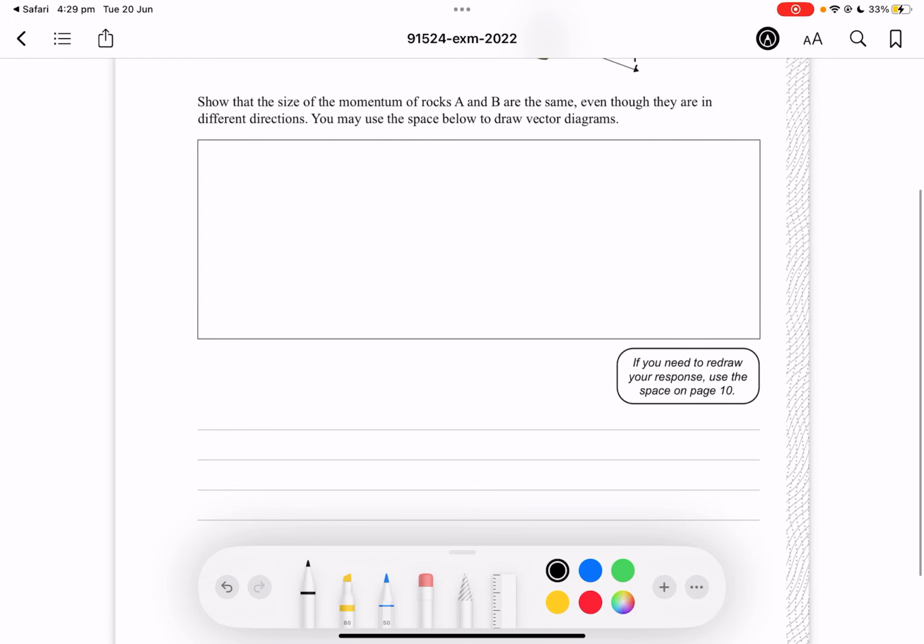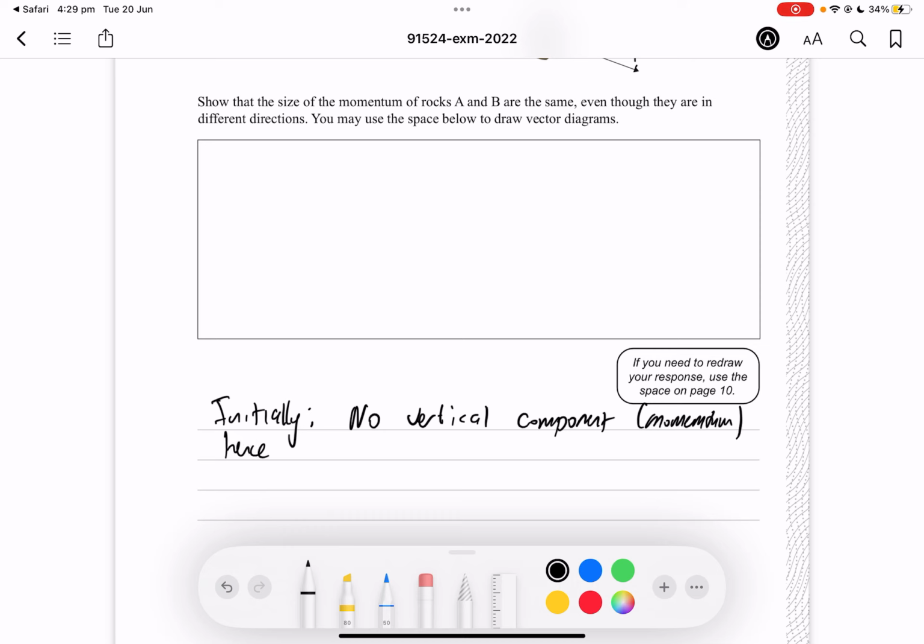So we could just say initially there's no vertical component of momentum. Hence, after, the two rocks will have equal vertical components of momentum, but in opposite directions.